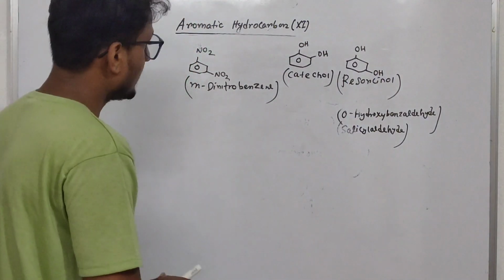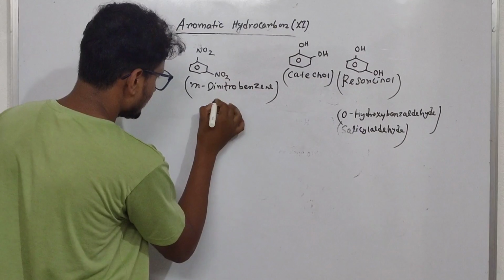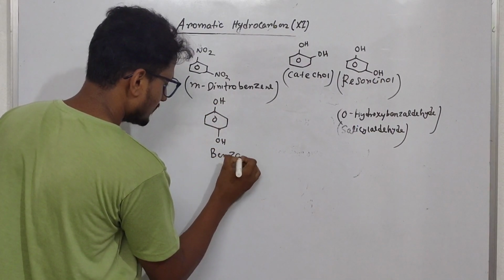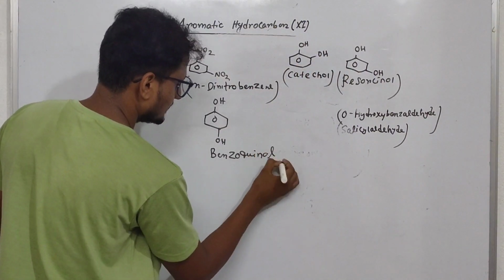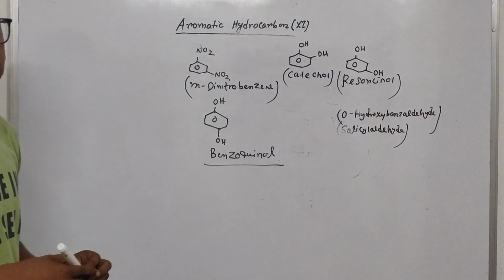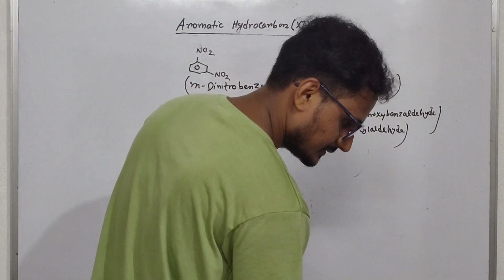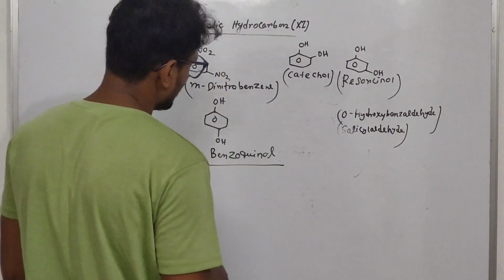When two OH groups are meta to each other, it is resorcinol. Now again, if two OH groups are para to each other, we say benzoquinol, or we can say hydroquinone.